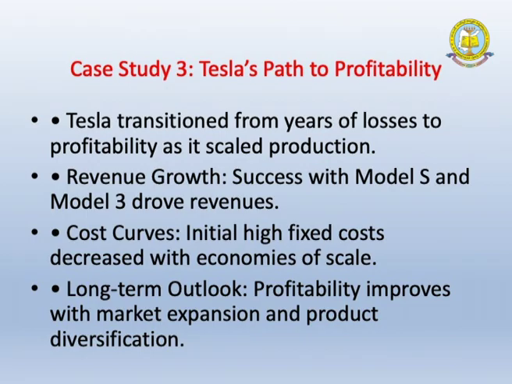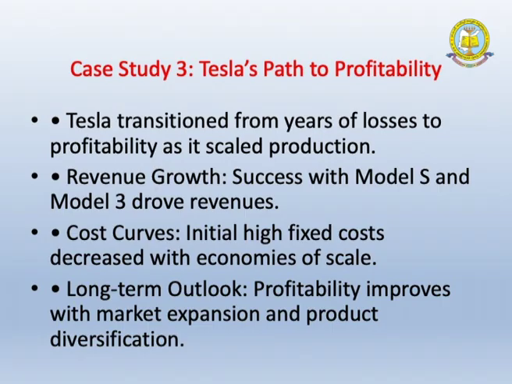Now we have another case study, that is Tesla. Tesla transitioned from years of huge losses in the beginning, and it scaled up the production. Tesla now is a leading company in the United States.